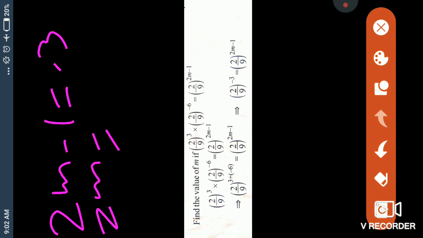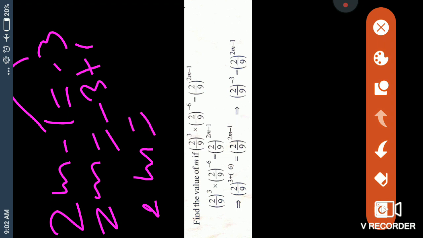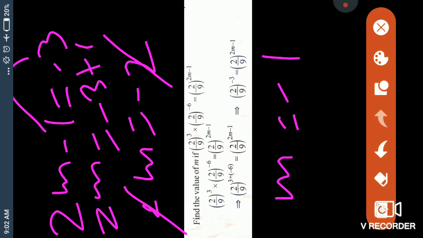This 1 goes to the other side: minus 3 and minus 1 becomes plus 1, so 2m equals minus 3 plus 1. 3 minus 1 gives 2, and since 3 is greater, we put a minus here. So 2m equals minus 2, and this 2 cuts the 2. The answer is m equals minus 1.